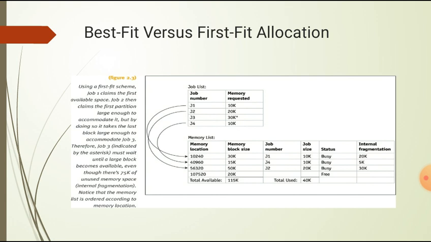But by doing so, it takes the last block large enough to accommodate job 3. Therefore, job 3, indicated by the asterisk, must wait until a large block becomes available, even though there is 75K of unused memory space. Internal fragmentation. Notice that the memory list is ordered according to the memory location.